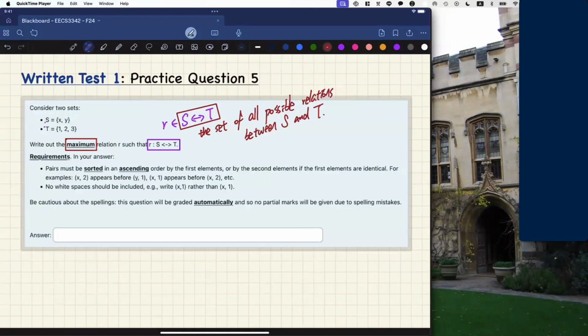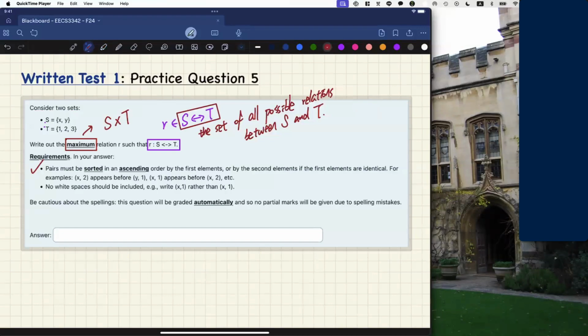But maximum is going to be the cross product, S cross product T. And now we just need to be cautious about how to enumerate it. Here I already explained the rule. If I ask you to enumerate something similar in the test, it's going to follow the same convention for the ordering. So just make sure you get used to that ordering, okay?